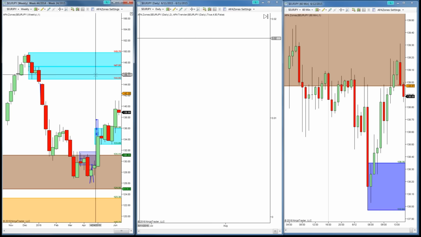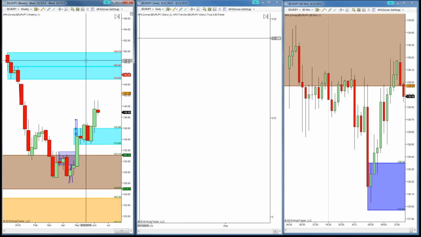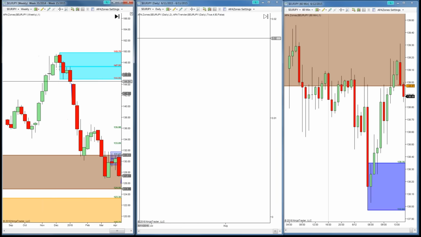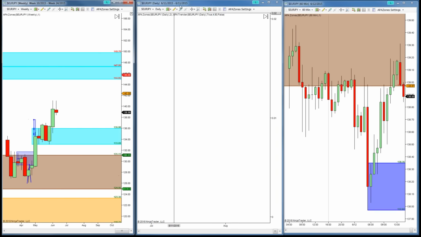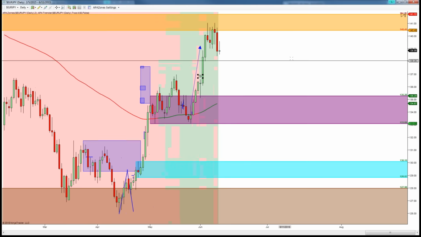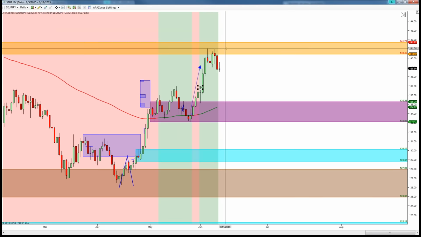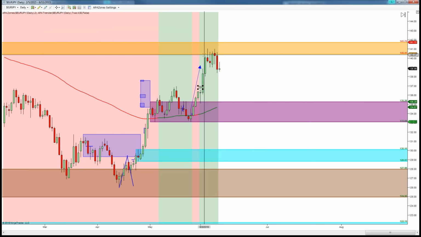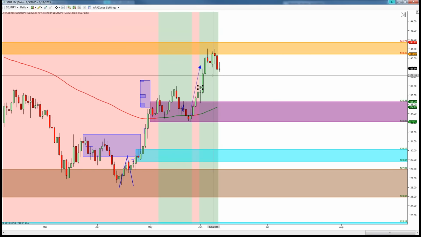I'm really not expecting to see too much weekly supply come into place until we're hitting up here at the top of the range, so to speak, or the higher highs up here, where those aqua zones are. So yes, we did find some resistance here on the daily time frame, and we can kind of see price respecting that level.